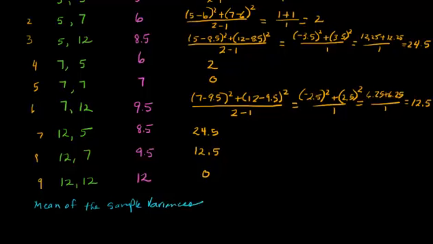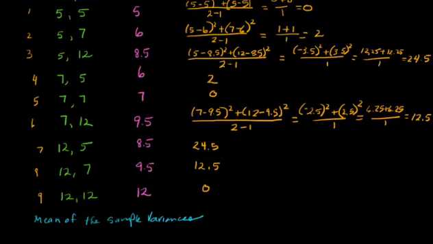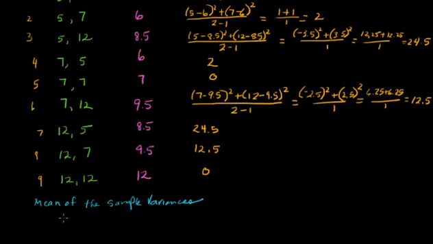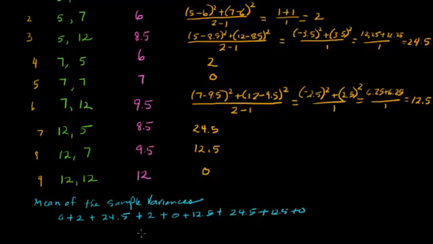I'm just going to add them up and divide by 9. So I've got 0, 2, 24.5, that's the first 3. Then I have 2, 0, and 12.5, and the last 3 were 24.5, 12.5, and 0. I'll divide by the number I have.